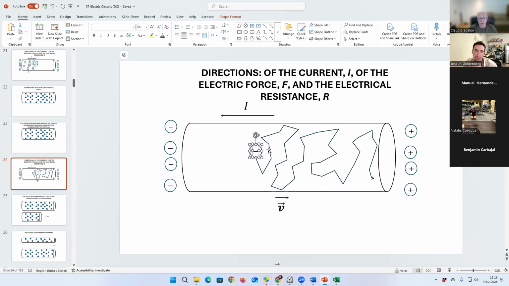Along this route, the electrons lose kinetic energy, and this kinetic energy is transformed into heat. That's the best model you're going to get of this type of motion.